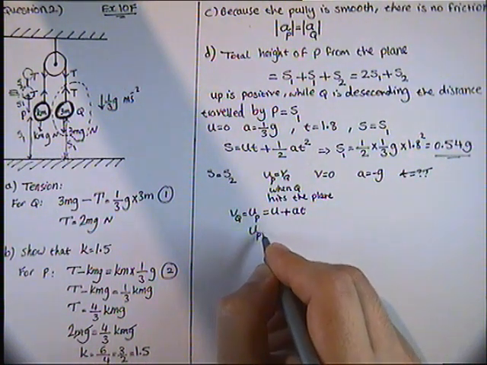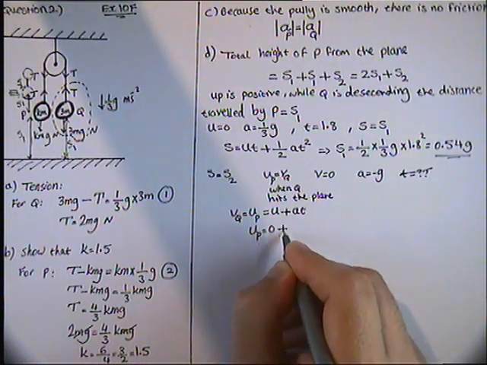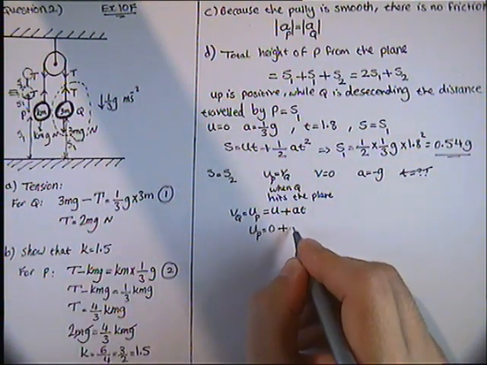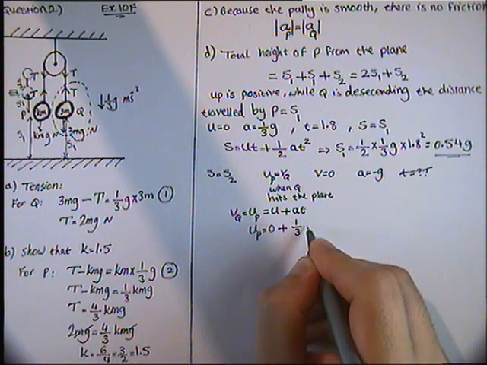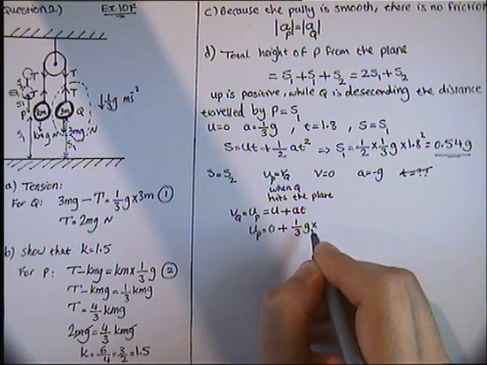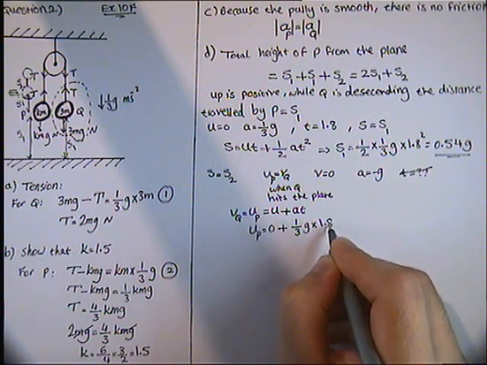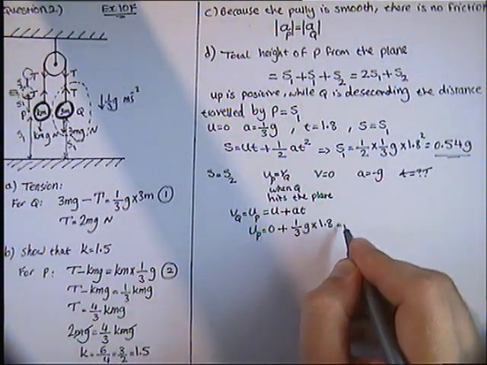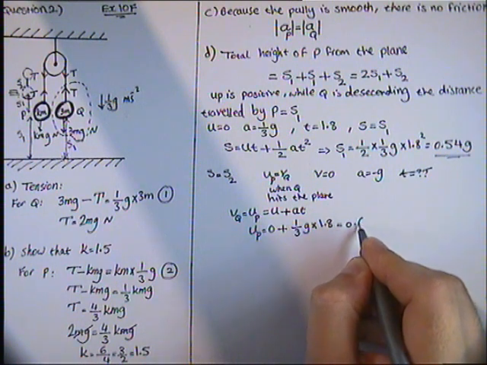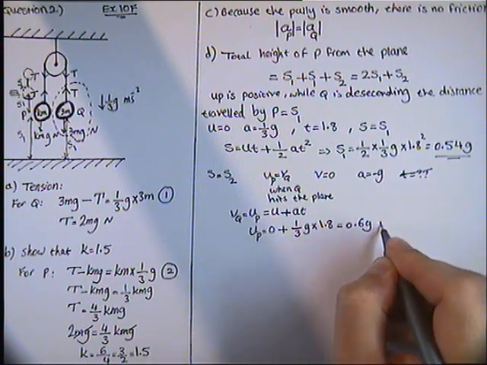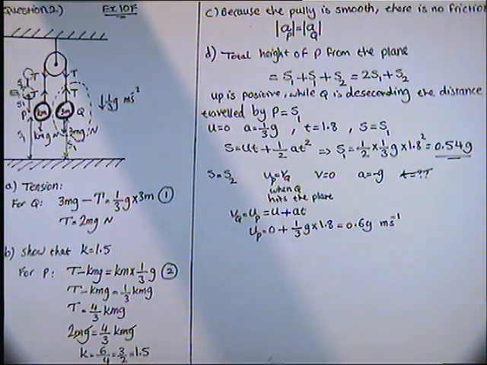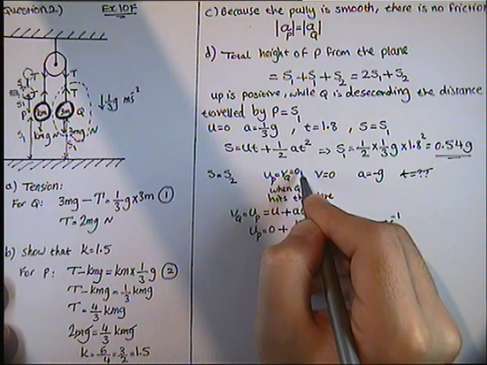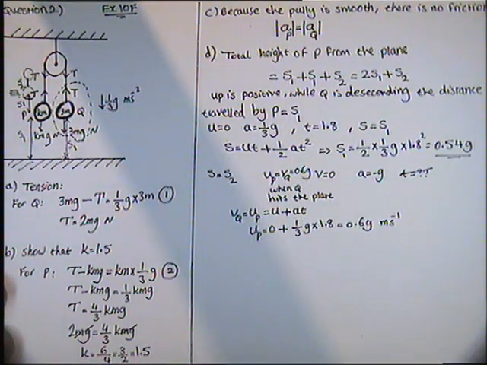So u of p is equal to 0 plus acceleration, which is 1/3 g, times 1.8, because the time taken from here to here is 1.8, which would be 0.6 g meter per second. Therefore, we've got this one, which is 0.6 g.